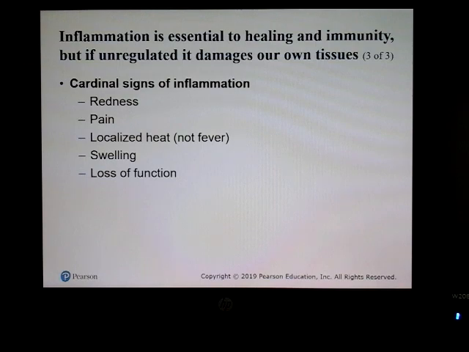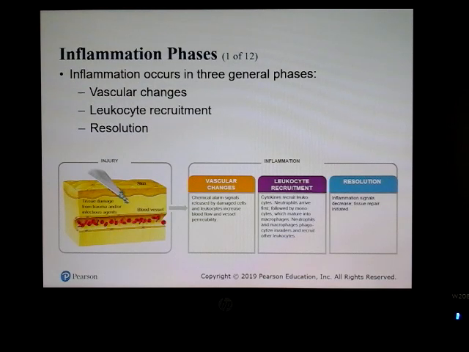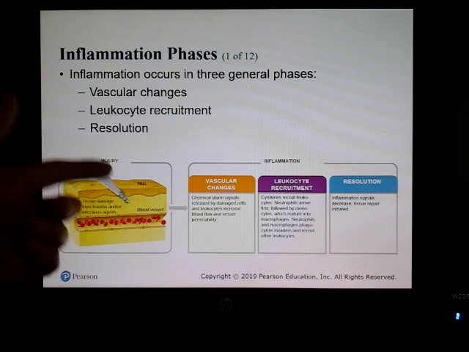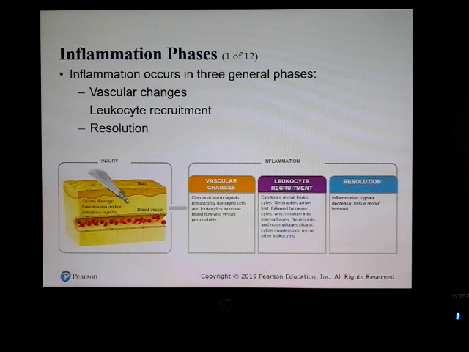Well, there's redness, there's pain, there's usually heat, so it's kind of localized where you cut yourself, for instance. You get edema or swelling. And a lot of times you can't really move because there's like a numbness that's associated with the area that's been affected.